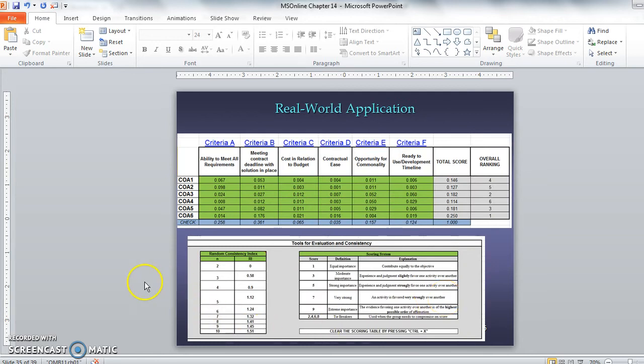Let me tell you just quickly about a real-world application of something I did not long ago for a client. We had in this case 6 criteria with 6 courses of action, which we call COAs. This is the pairwise matrix we developed. This was just a table to remind us of the RI value. And we used a 9-point scale in terms of relative comparison.